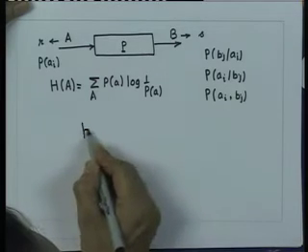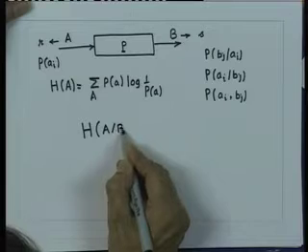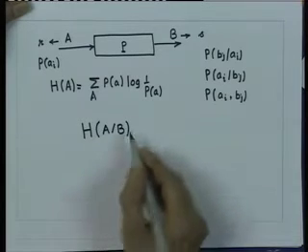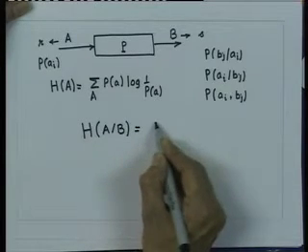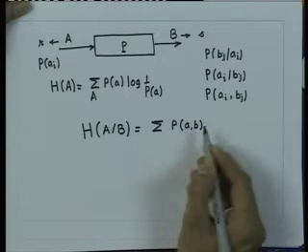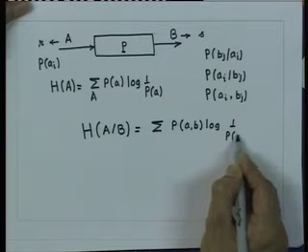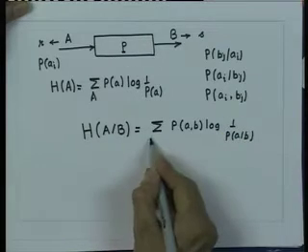Therefore, we can calculate the equivocation of a channel, which is defined as H of A given B equal to the sum of P(A, B) log of 1 by P of A given B.